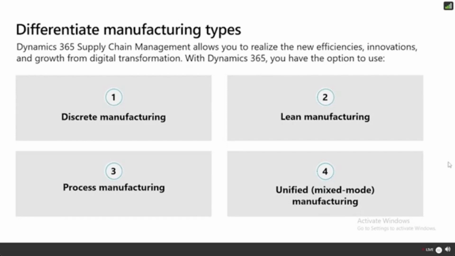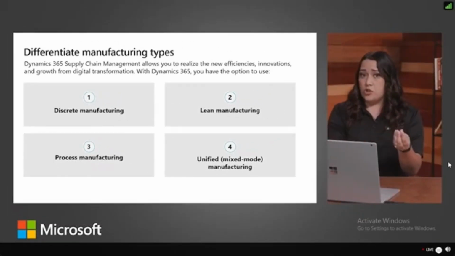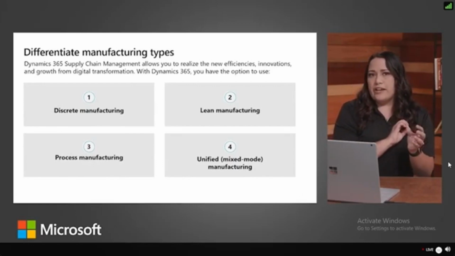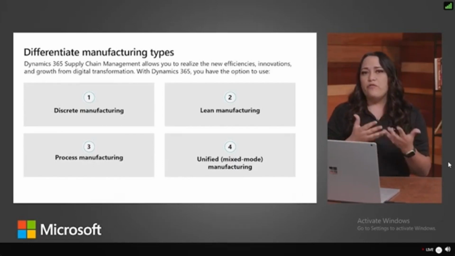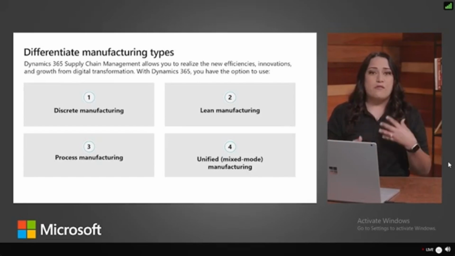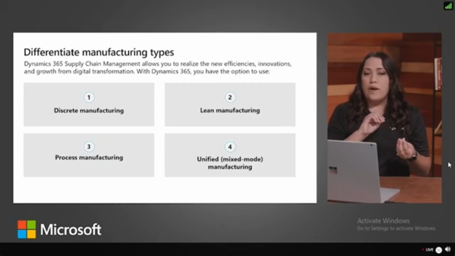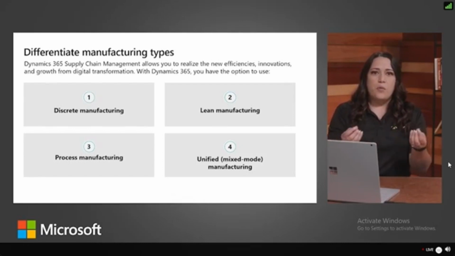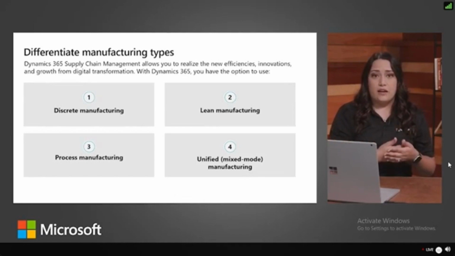I'm going to skip over lean manufacturing though, and we'll come back to it, but I want to come back to process manufacturing, because a lot of people get process and discrete manufacturing mixed up. Process manufacturing relies on creating formulas or recipes to create the product, whereas in discrete manufacturing, we're putting parts together to produce that distinct item.